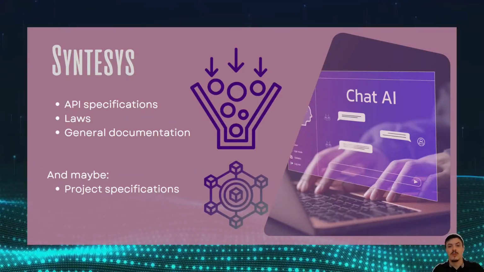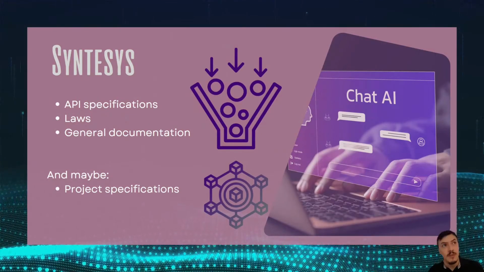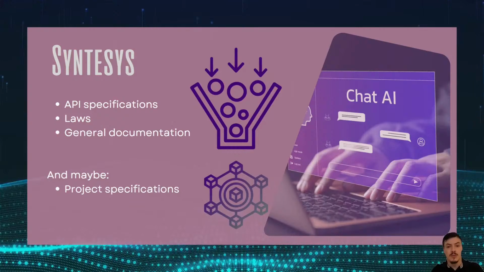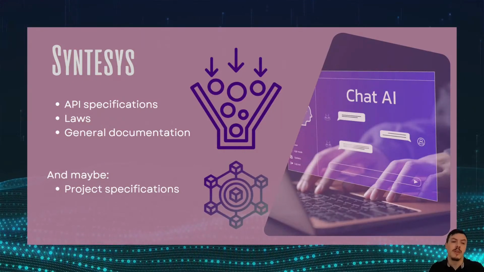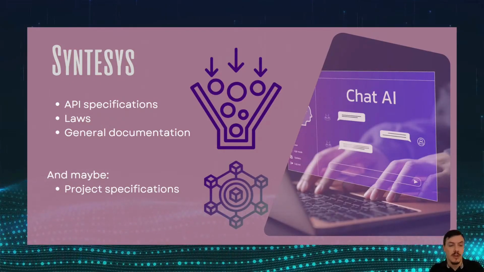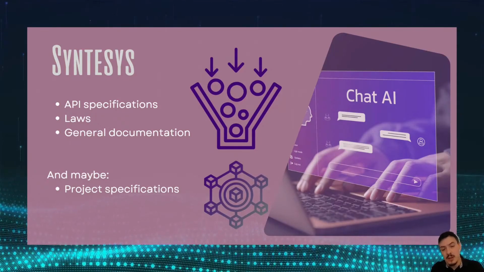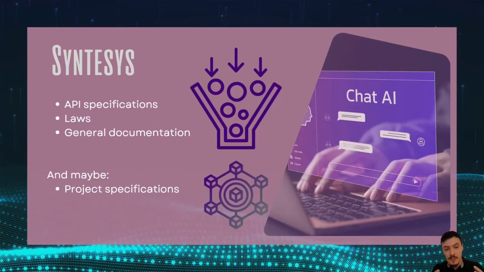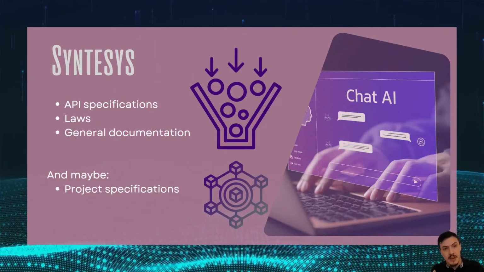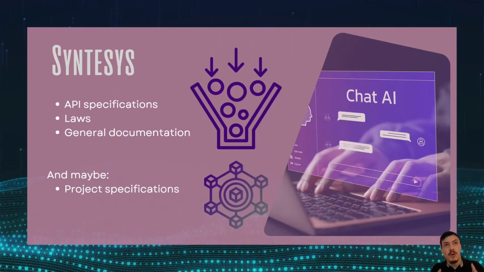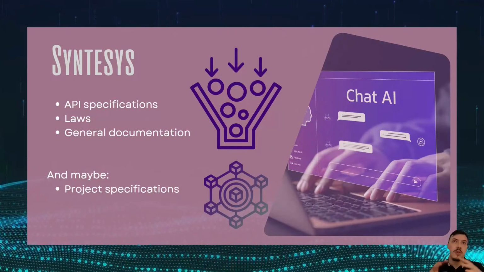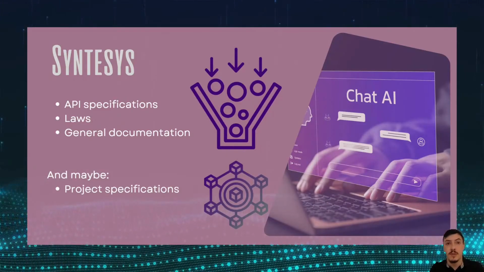So the first step that we can use AI to power up our productivity is when doing synthesis. I will talk more about this during the session, but keep in mind that you cannot put all your documentation, all your requirements of your software inside AI.